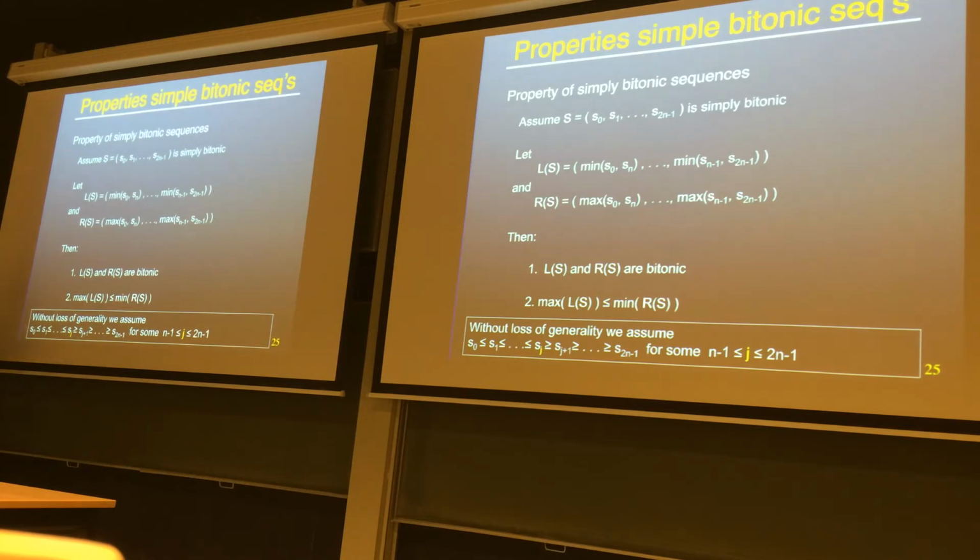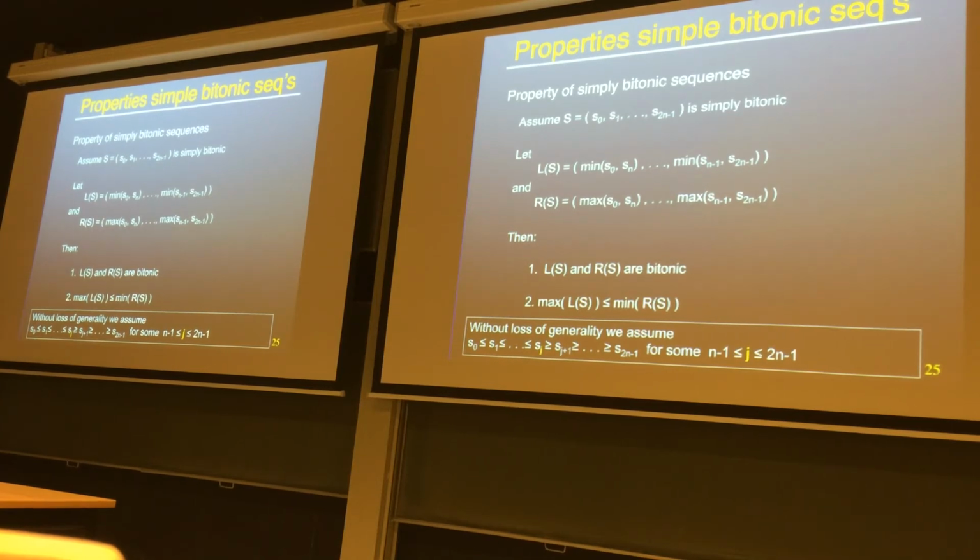So that means in fact that if you would sort Ls and you would sort Rs, then the total sorted variant of the original sequence is just the concatenation of the sorted variant of Ls and the sorted variant of Rs. And that's thanks to this property.